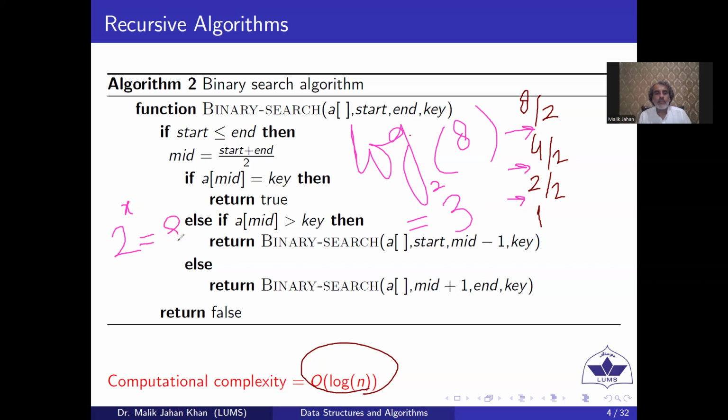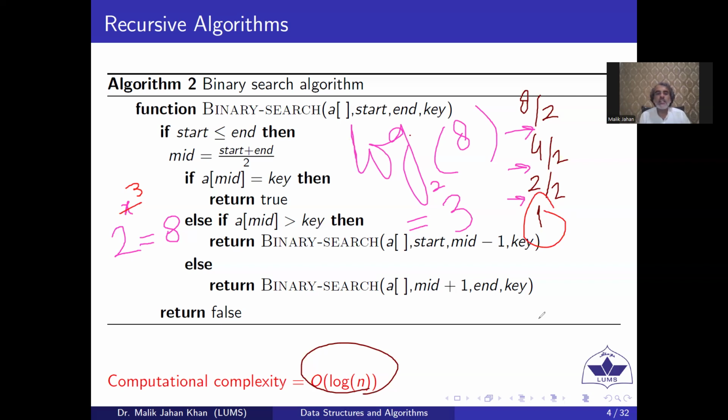We know that if I have to multiply 2 with itself 3 times, if x is 3, then 2 raised to power 3 is 8. So this x, or the power, is log of 8. In other words, it is the number of times we keep dividing 8 by 2 again and again. The number of division steps which take us to the base case, which is 1, gives us log of 8.